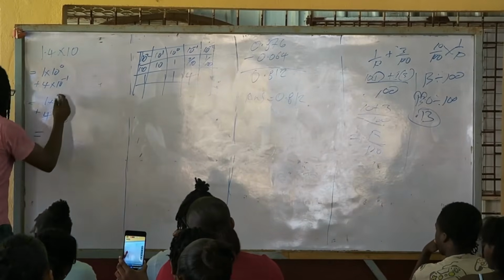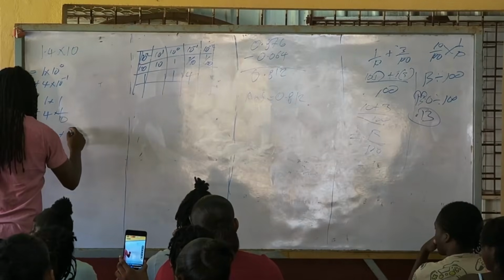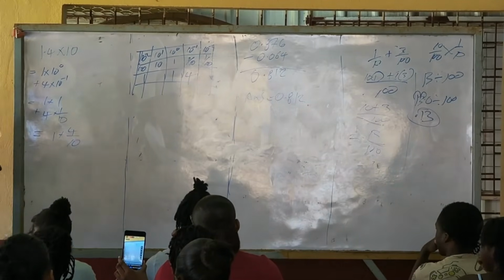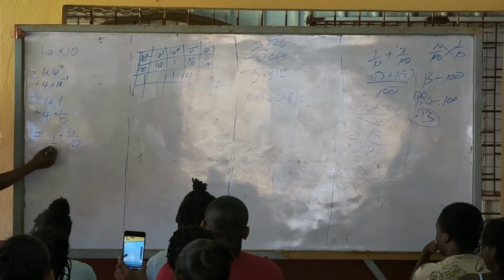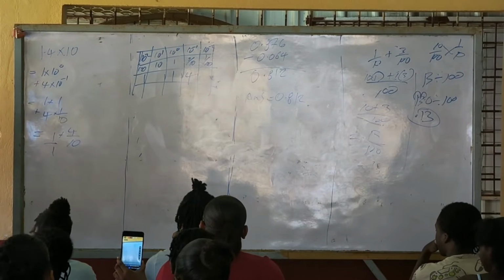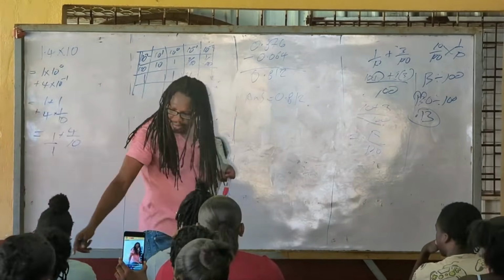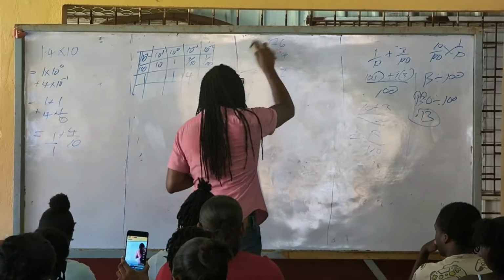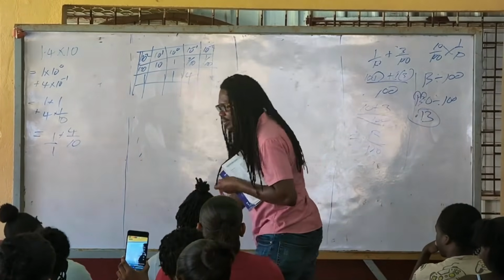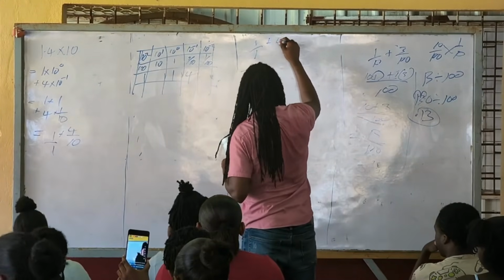So that is equal to 1 plus 4 over 10. So it's equal to 1 over 1 plus 4 over 10.